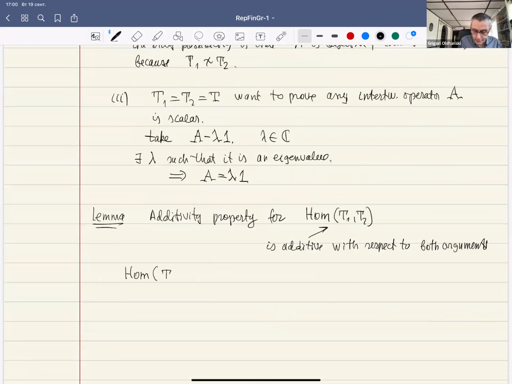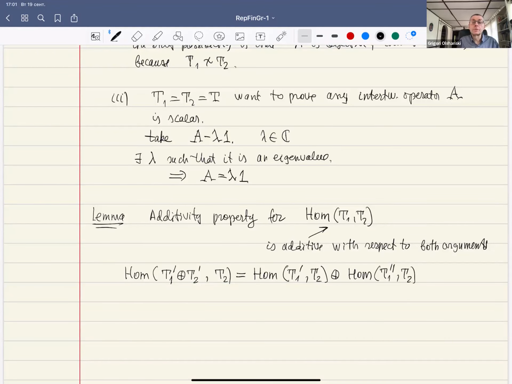If our representation T1 is written as a direct sum of two representations, then this induces a canonical decomposition of such a kind.